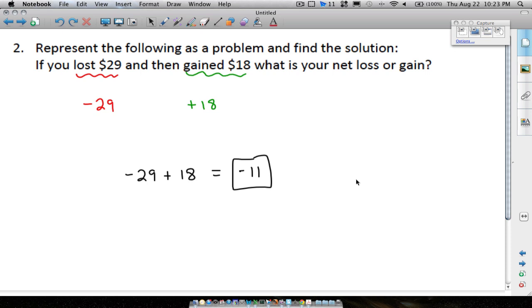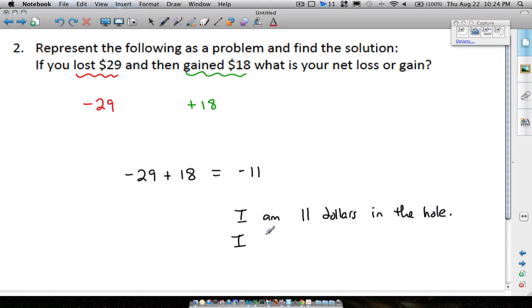Now, actually for this one, your net loss or gain, let's be a little bit more precise with that. The answer is negative 11, but you can say I am $11 in the hole, or I have a net loss of $11.